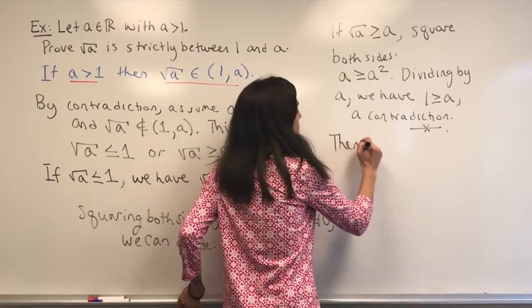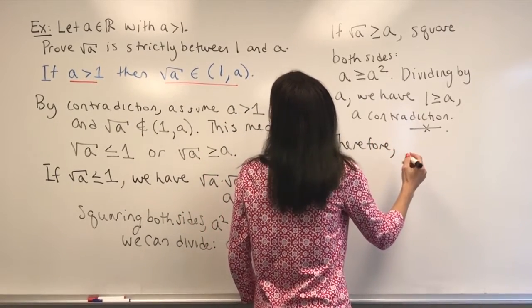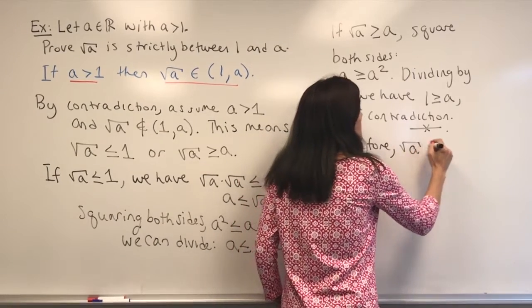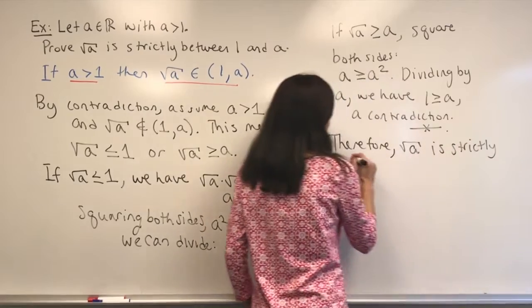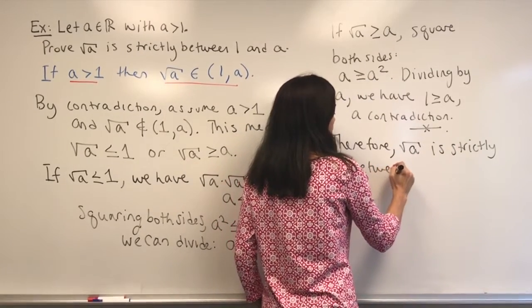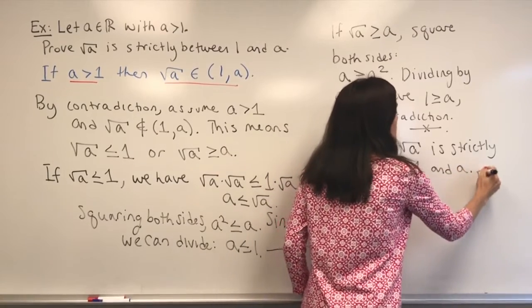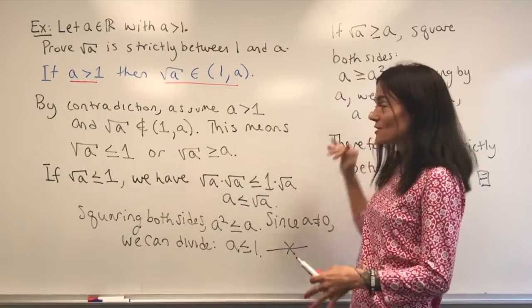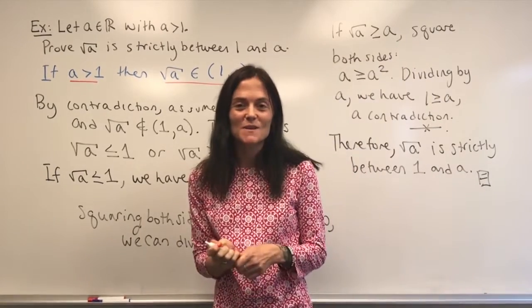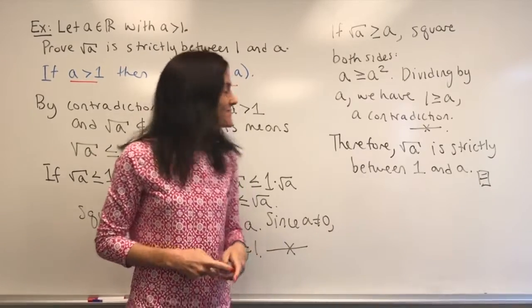Therefore, the square root of A is strictly between 1 and A. If you wanted to, especially in this case where it looks like two different contradictions, even though the logic was very similar, you can make a little statement at the end like that.